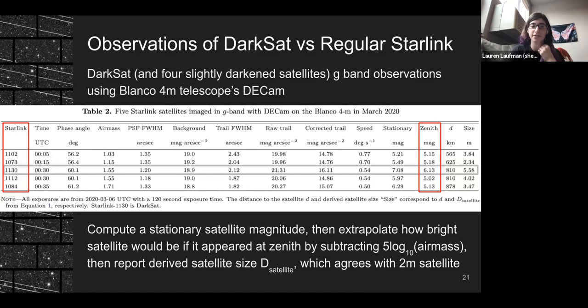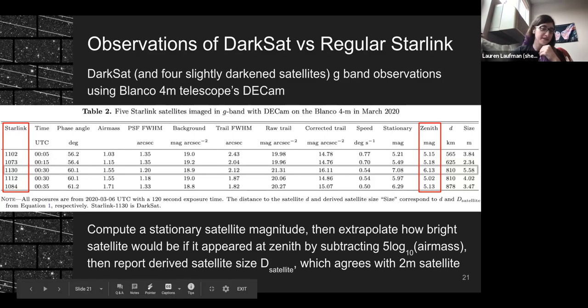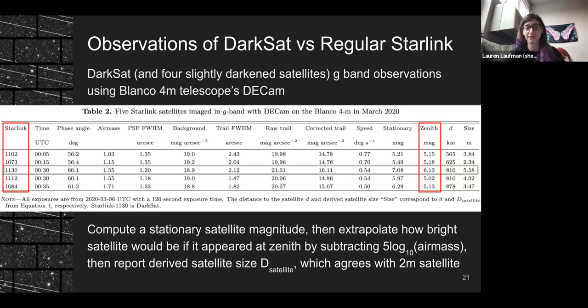Observations of Darksat versus regular Starlink. They used the Blanco 4-meter telescope's Dark Energy Camera, which is the thing in the left column of my slides, and they used that camera to get G-band observations of Darksat. They then did several calculations based off of this to extrapolate how bright it would be if it had appeared at zenith, because they were viewing it at an angle.